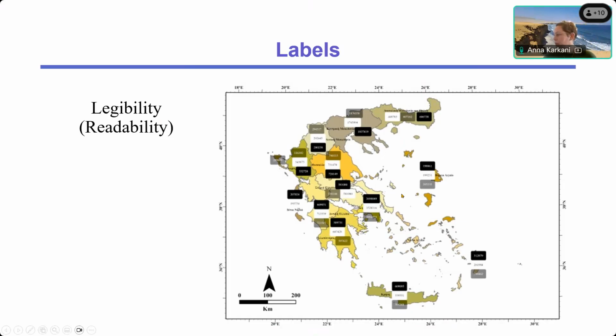So in the case of this map, how would you characterize the labels? They seem to be very difficult to read. Okay, I think we all agree on that. So in this case, the labels look a little bit illegible.